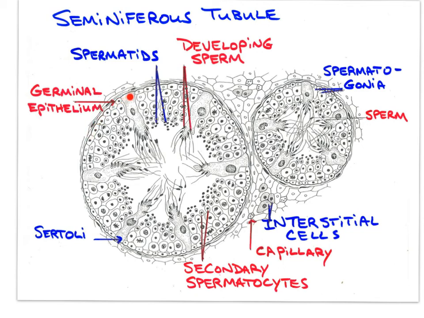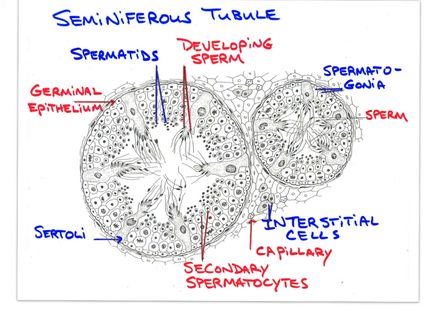The germinal epithelium would be this outer layer of cells. Diploid cells, known as spermatogonia, are here, and we can see cells undergoing divisions here and here and here. Mitosis, then meiosis proceeding in this direction. This is spermatogenesis. In the lumen, we can see immature spermatids, not yet spermatozoa.